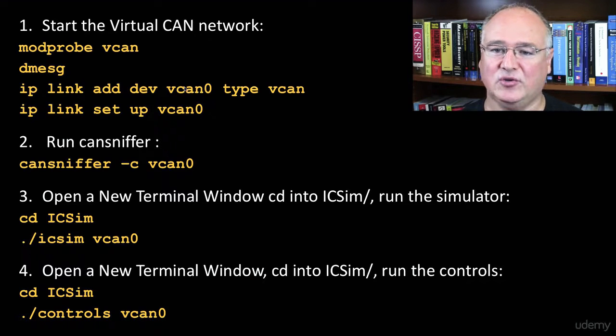So we'll create a new vCAN device called vcan0 for our virtual CAN network, and then we'll connect to that vcan0, and we're going to be able to sniff packets on that vcan0. We can use the CAN sniffer, controller area network sniffer, with the -c so that we can see some color as those things change. And then we're going to actually start the ICSimulator and the controls in two new terminal windows.